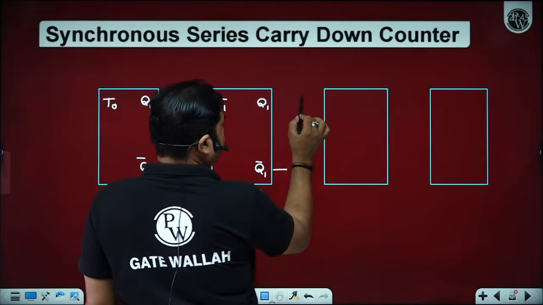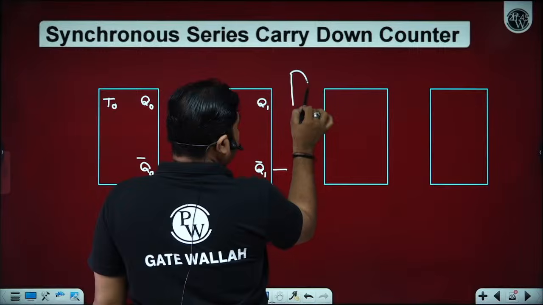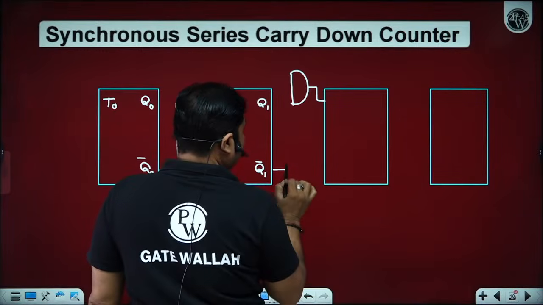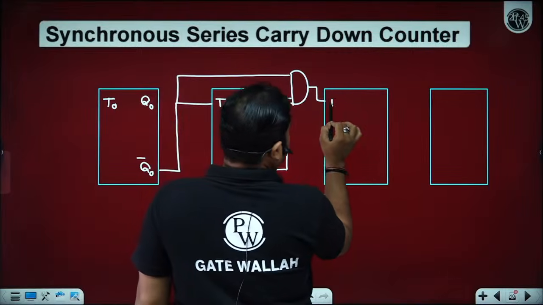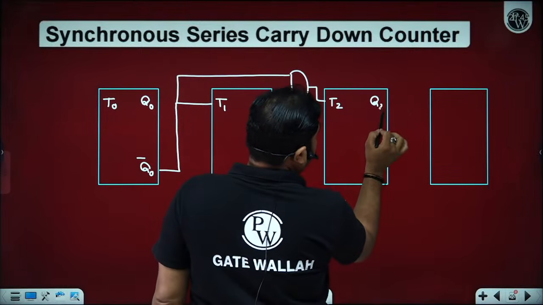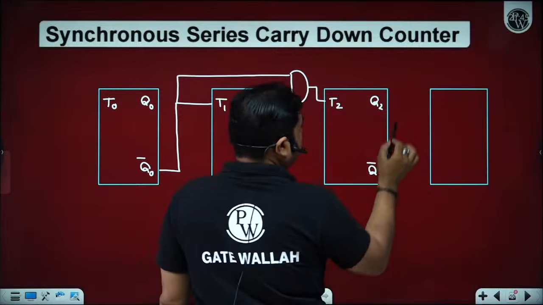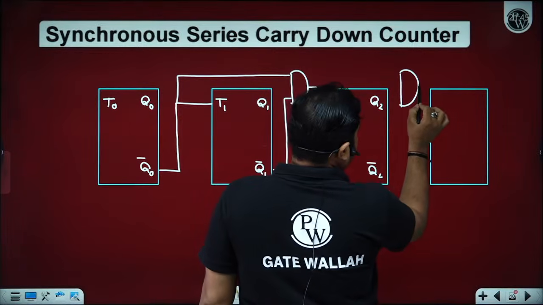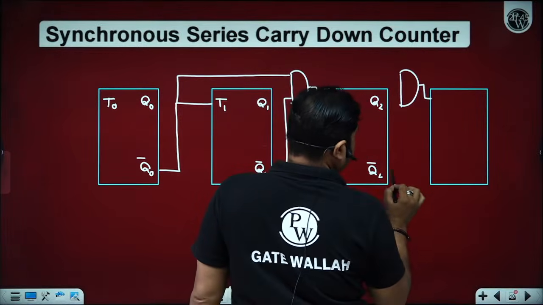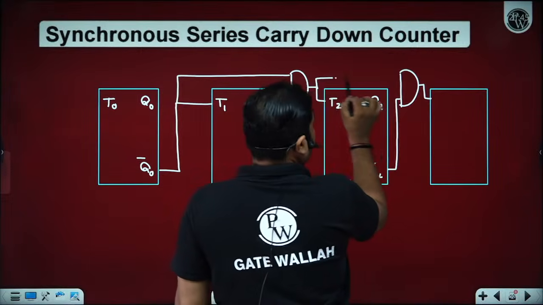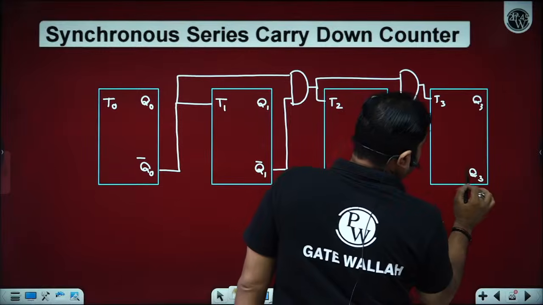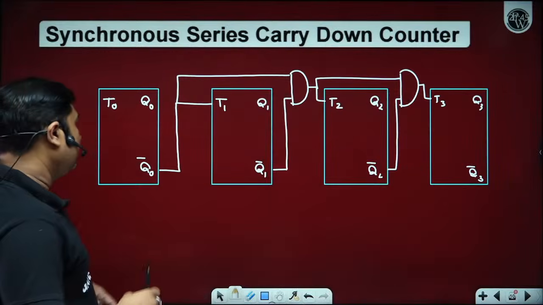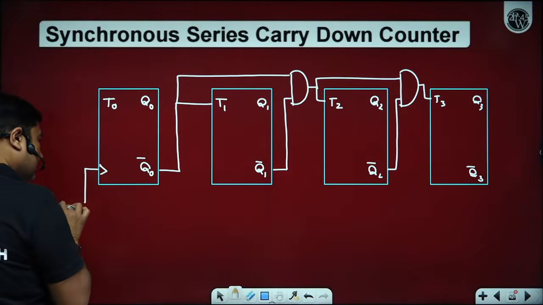Okay. You are using an AND gate with these two inputs to T2. So this is what we call synchronous.